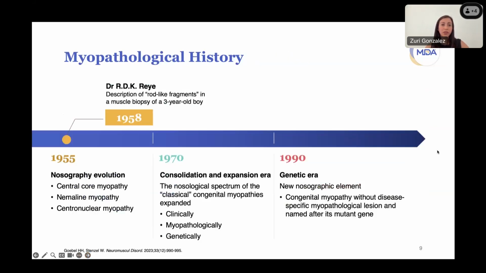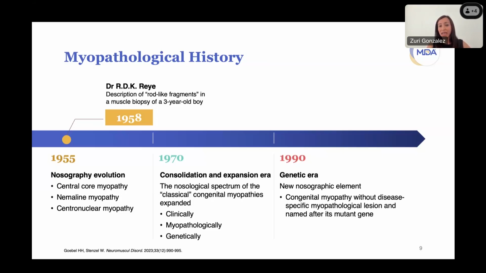I think it's also very important to talk a little bit about the myopathological history. It was back in 1958 when Dr. Douglas Rye first described rod-like fragments in a muscle biopsy of a 3-year-old boy. This finding went through a second opinion, and it was thought that this was actually a processing artifact. So the work of Dr. Rye was never published. The first published description of these rod-like fragments was in 1963 by Dr. Shy and collaborators, who found the same rod-like fragments.